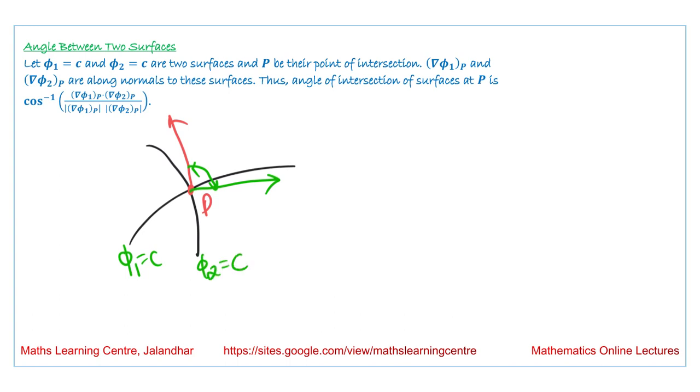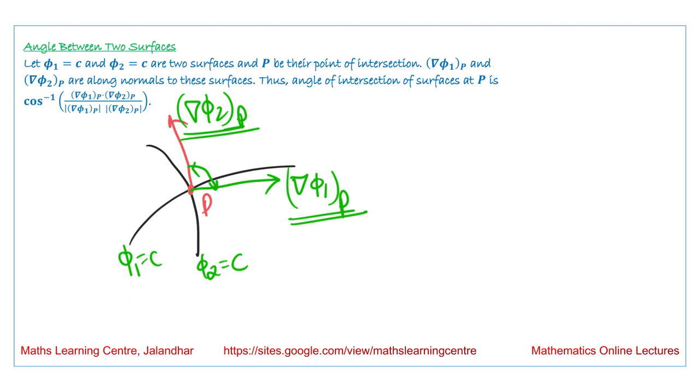Then the direction of the normals is given by gradient of phi 1 and gradient of phi 2 at the point P. These are the directions of the normals, so they are not unit vectors.